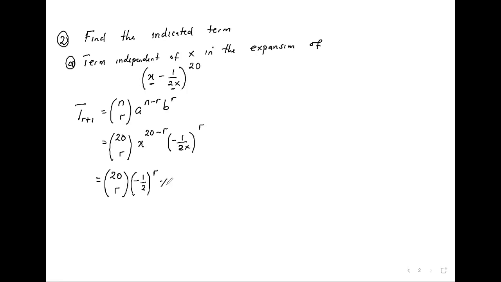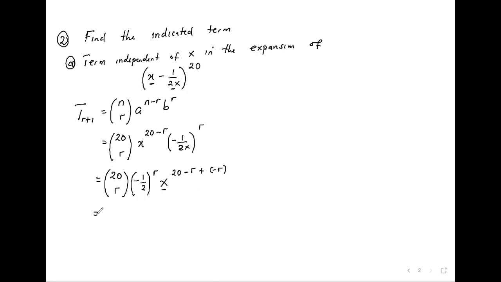So we'll have x^(20 minus r) multiplied by 1 over x^r, the x that was left in the denominator. Now we can push it up. If x is left in the denominator like this, you can write it as x to the power negative r. And if the bases are the same, then you can add the powers. So here we say plus negative r, because the bases were equal.